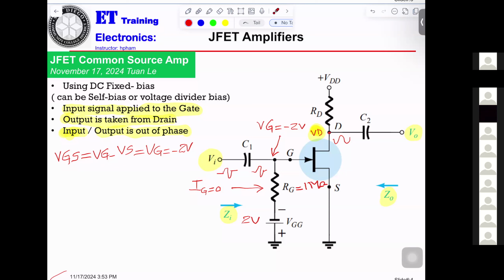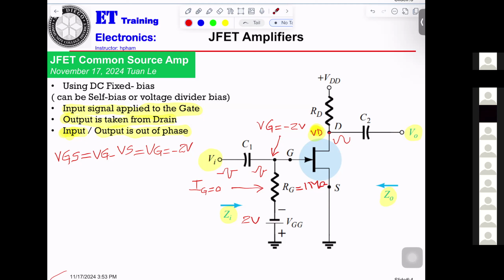That's the first thing. Second thing, input applied to the gate and output from the drain. Input and output will be 180 degrees out of phase. At least that's what you have to know.